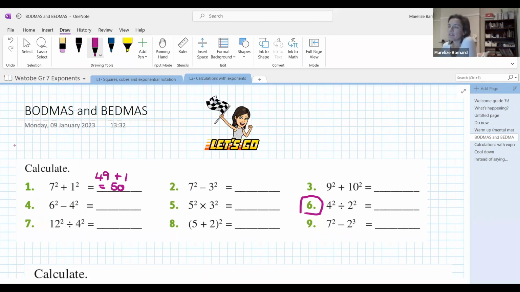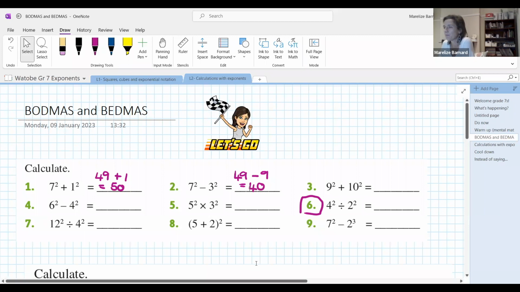And if we do 7 squared minus 3 squared, you work out what 7 squared is. 7 squared is 49. And then 3 squared is 9. And then you just go 49 minus 9 is 40. Okay, so there's my hints. You can keep going. When you are done, put a thumbs up in the chat. Up to 6.